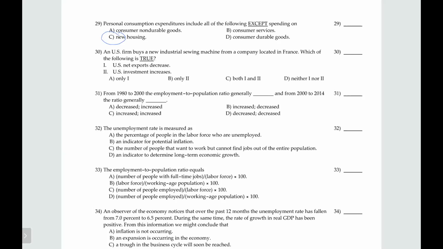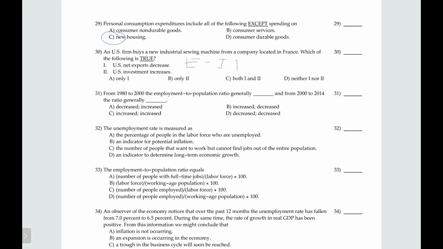30. A US firm buys a new industrial sewing machine from a company located in France. Which of the following is true? 1. US net exports decrease. Yes, this is true, because the American firm purchases goods from foreigners. Net export equals export minus import.